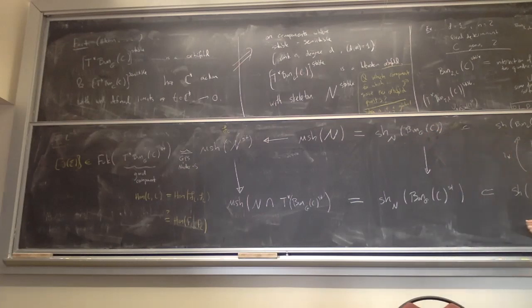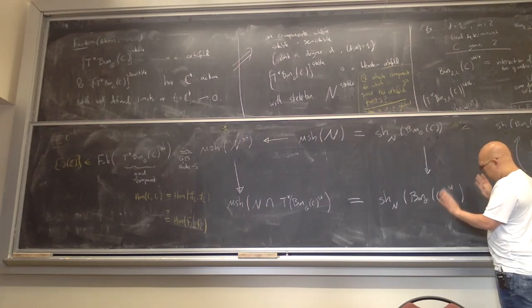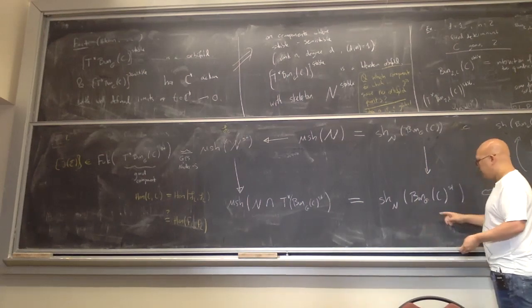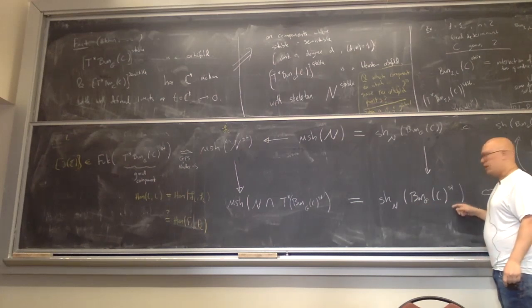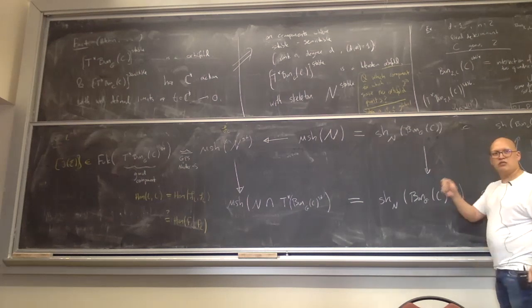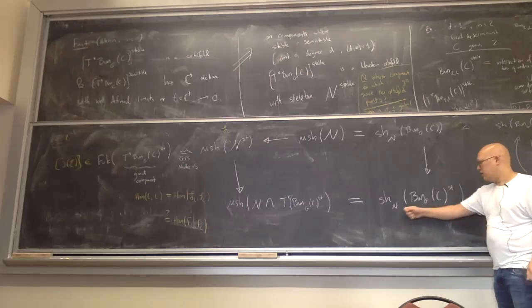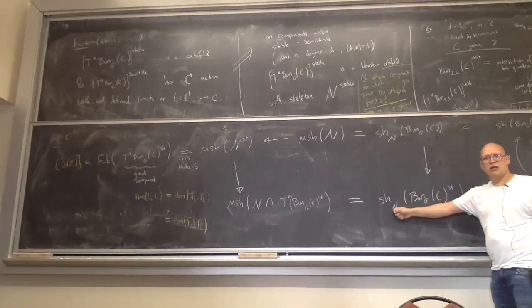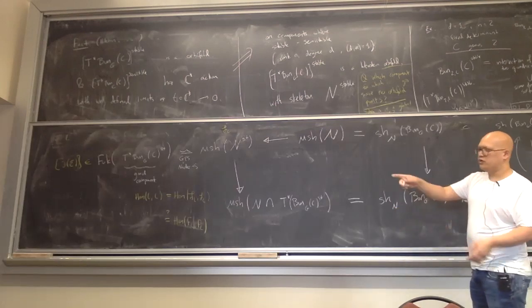It's a result of Gaitsgory, Drinfeld, or maybe other people, that if you take something a little bit bigger than this and do this, then the microsupport stays nilpotent. But it's not known for this, and it may not be true in general, but it should be true for these objects.